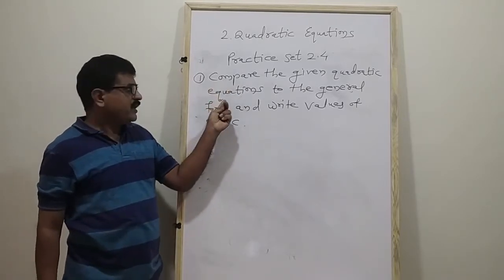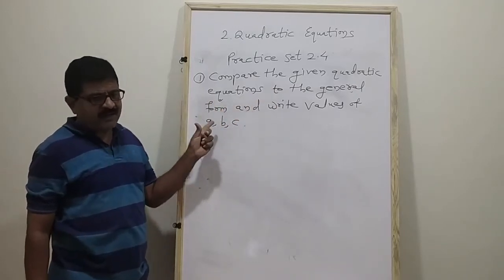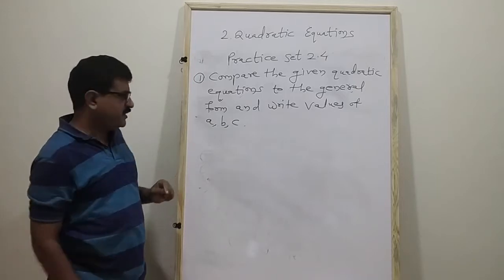Compare the given quadratic equations to the general form. General form बरोबर compare करायचं आहे and write the values of a, b, c.